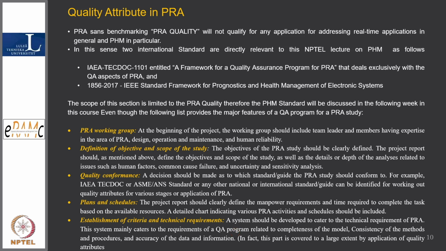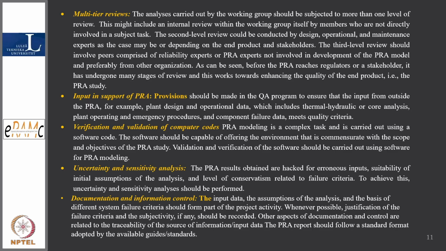Once the study is done, there should be a multi-tier review. It is not only internal, it should be subjected to external review also, which might even include the regulators. And then input in support of PRA: provision should be made in the QA program to ensure that the input from outside of the PRA, for example plant design and operation data, which includes thermal hydraulic and core data, is addressed, along with its testing level and accuracy level.